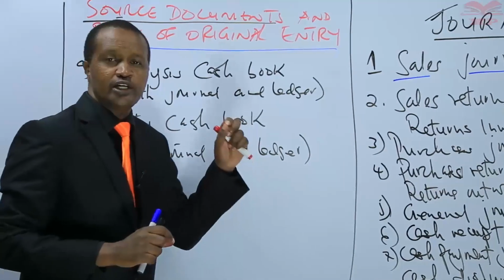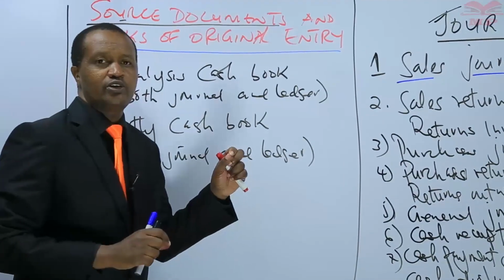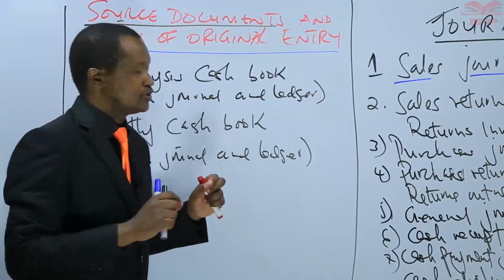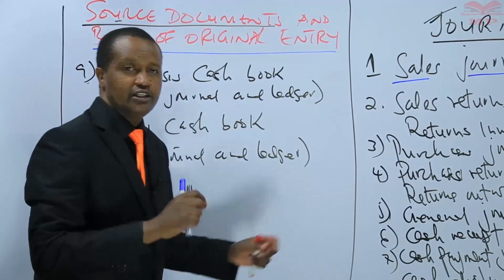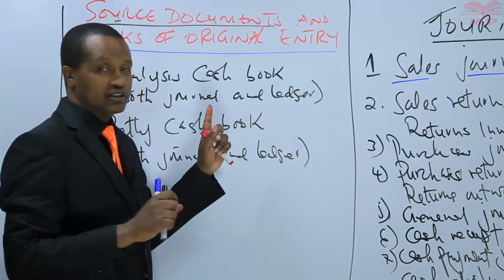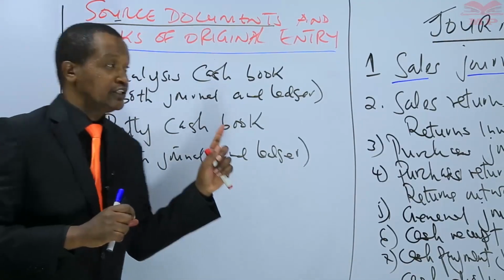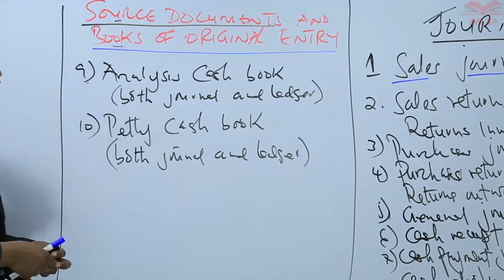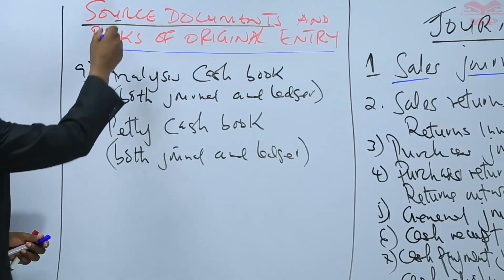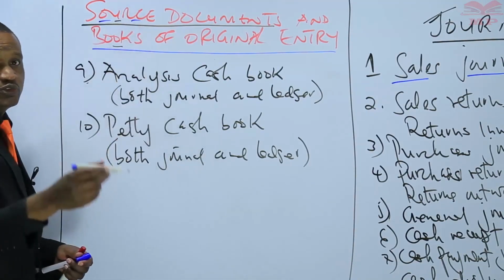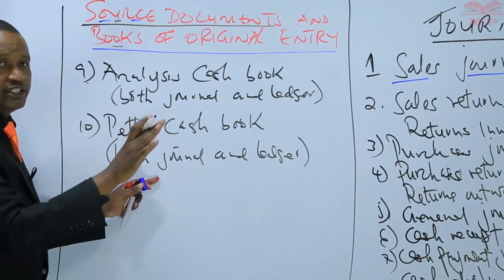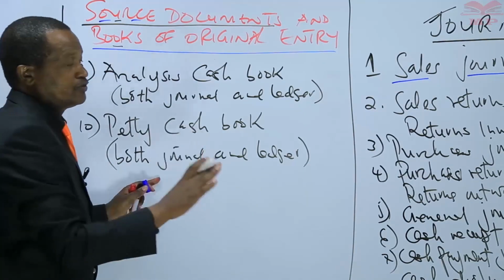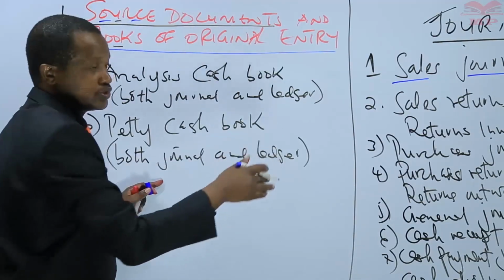For small enterprises which record few transactions, sometimes the journals are not necessary. The business can just use the source documents to prepare the ledgers.